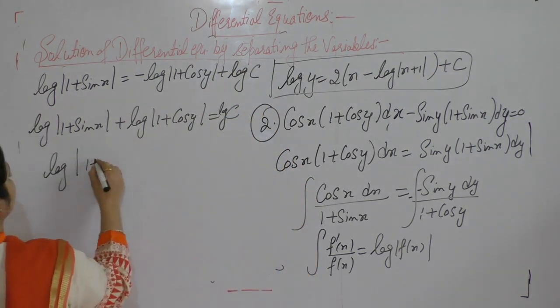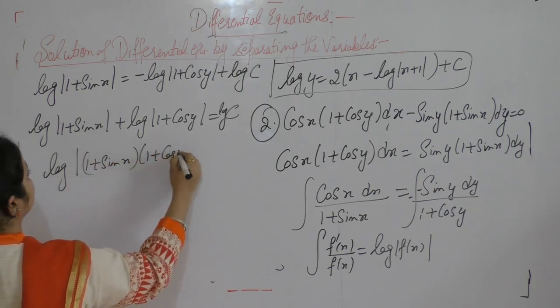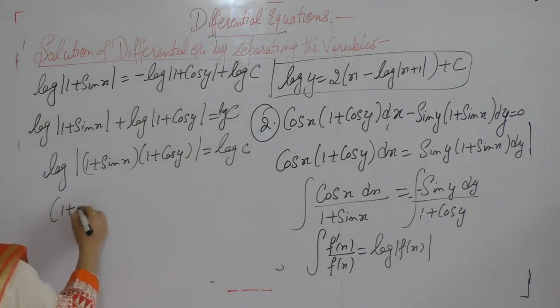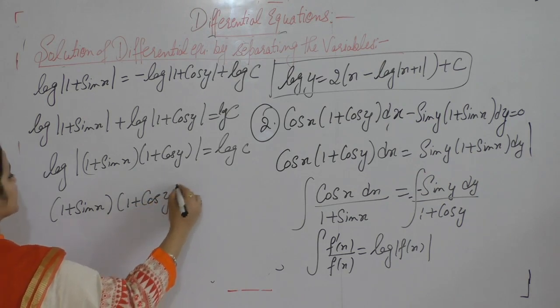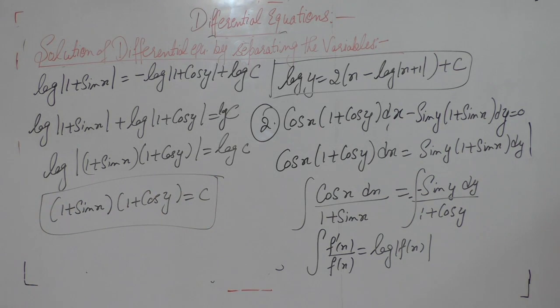Log of a into b is equals to log c. So what we get here? (1 + sin x) into (1 + cos y) is equals to c.